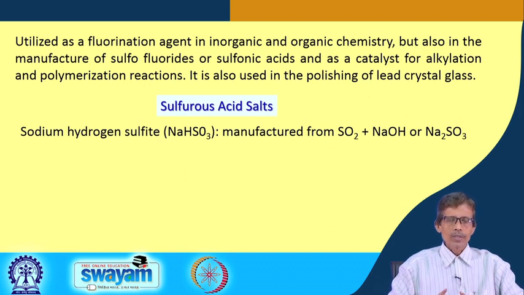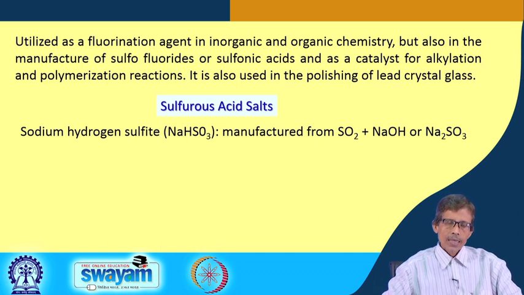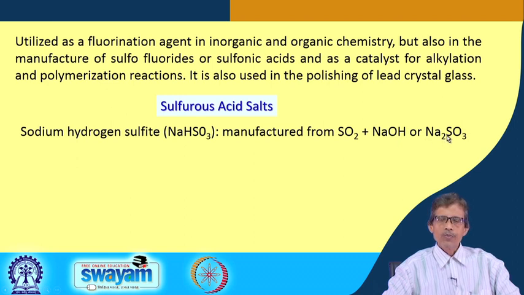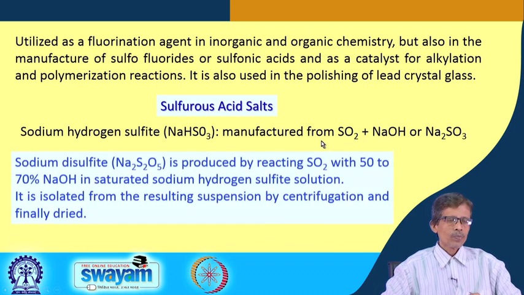So, sodium hydrogen sulfite, how do you make it? We can make it either from a mixture of sulfur dioxide with sodium hydroxide, or we can get it from sodium sulfite. Because bisulfite is an acid salt, we can get it from simple sodium sulfite or the direct reaction of sulfur dioxide with sodium hydroxide.